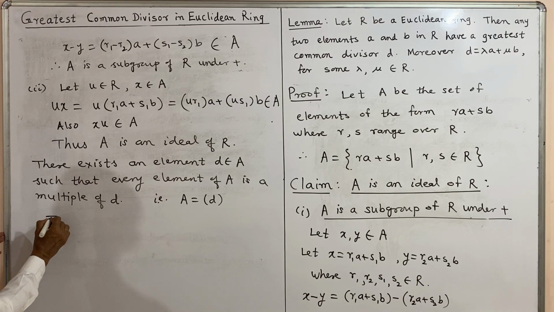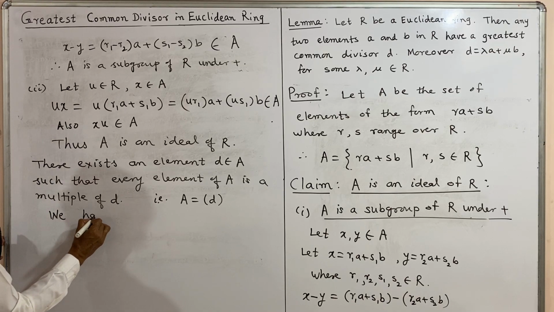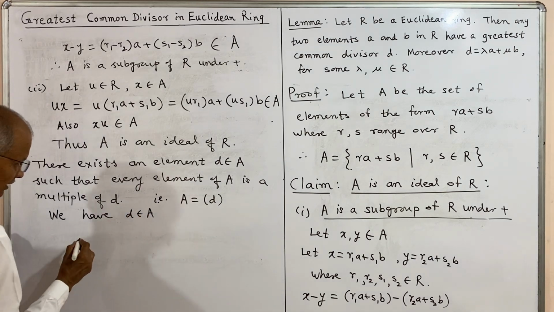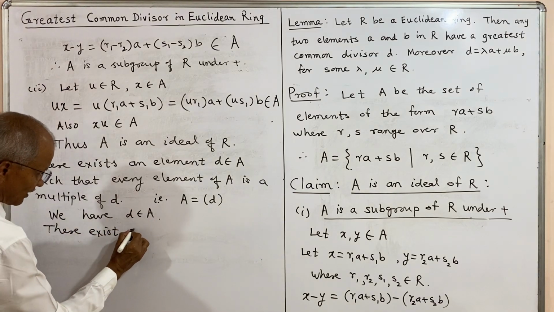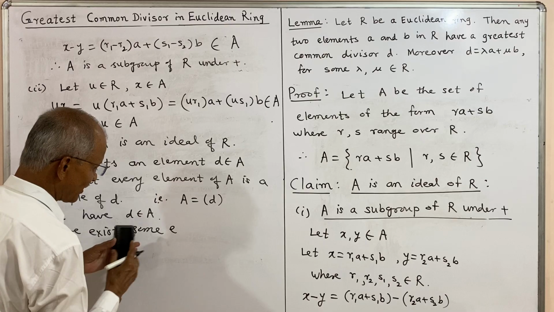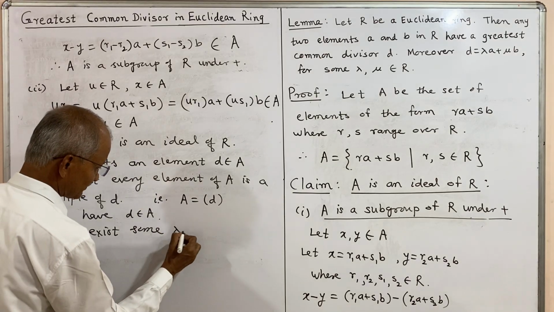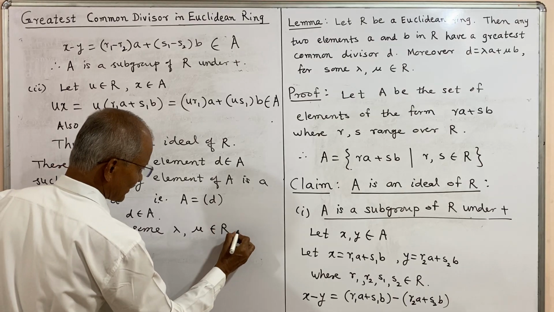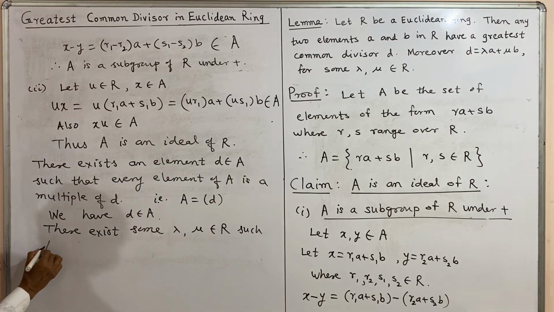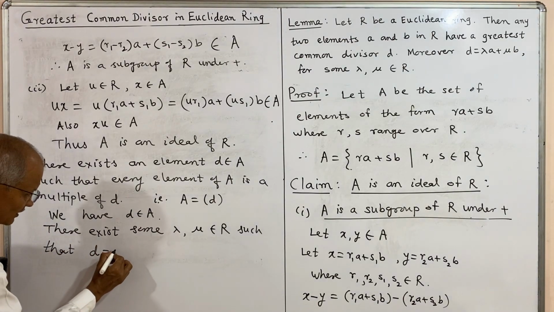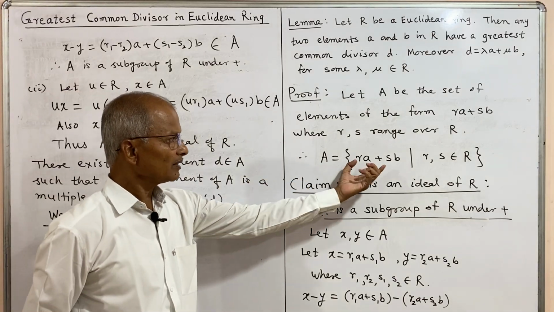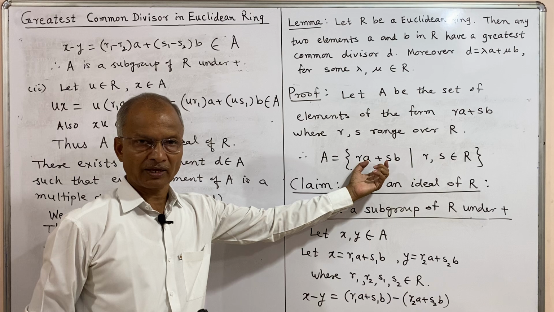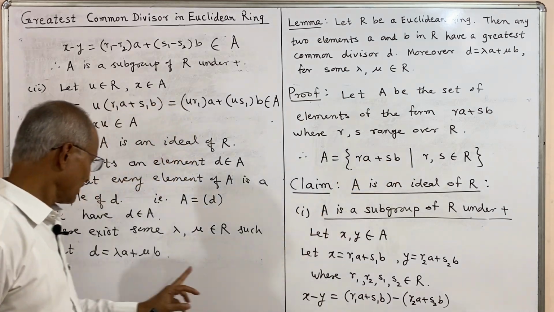So we can write the element D. We have D belongs to A, and therefore there exist some elements lambda and mu such that D is equal to lambda times A plus mu times B. Because D is in the ideal A, D must be in this combination of A and B. In place of R and S, we have taken lambda and mu.